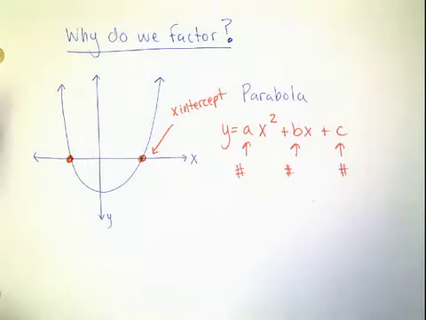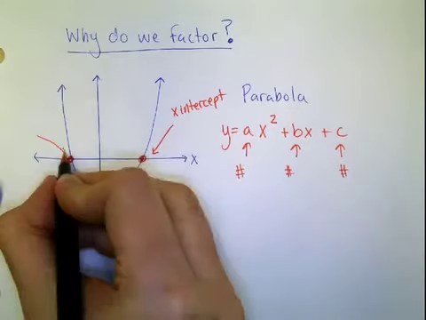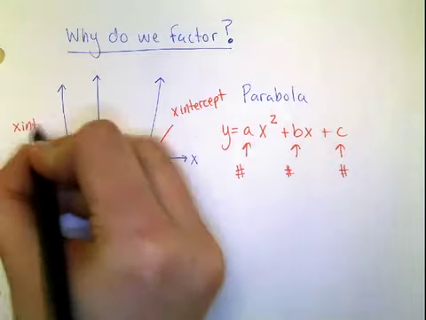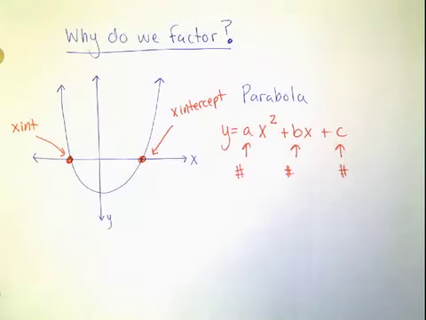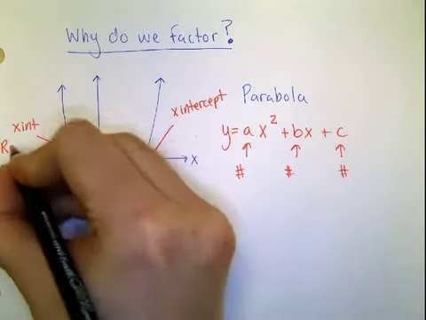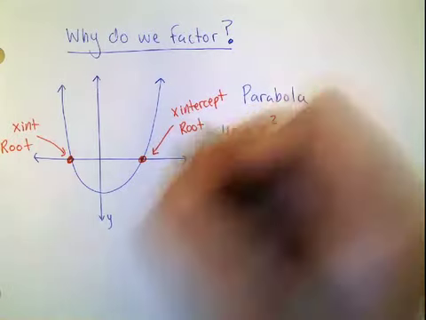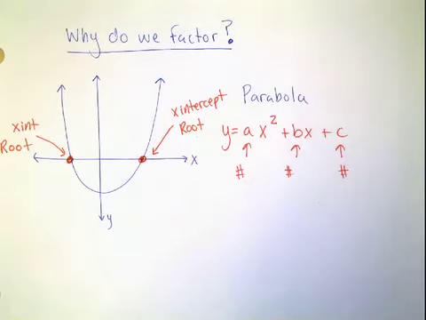A lot of math teachers and textbooks refer to it as an x-intercept, so we've got two x-intercepts here. But in math, for some reason, we name everything with three different names. Besides calling it an x-intercept, some people refer to these points as roots, R-O-O-T. So each of these are the roots of the parabola.